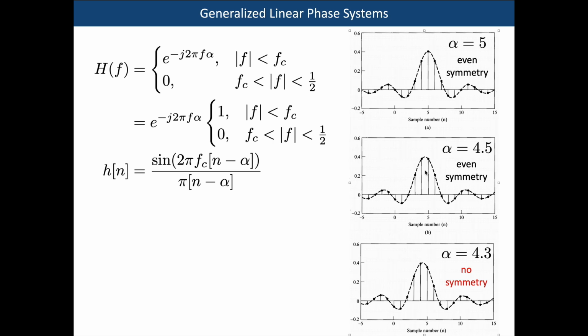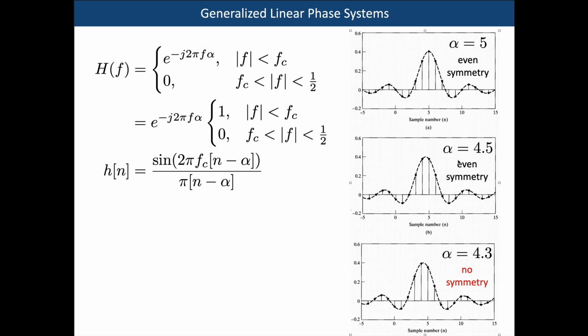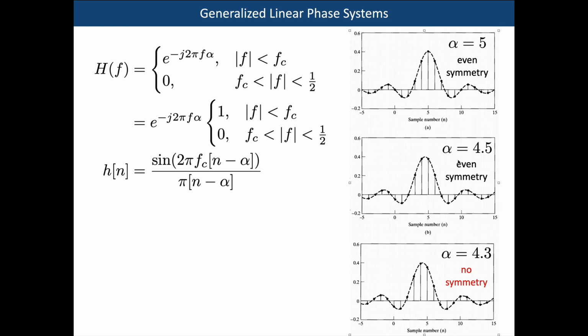So here we have samples 4 and 5 are equal, and samples 3 and 6 are equal, and so on. So we still have this even symmetry about the point alpha, even if alpha is not in the sequence. Well, now let's try alpha equal 4.3. Now if we look at this impulse response, there is no symmetry taking place here.